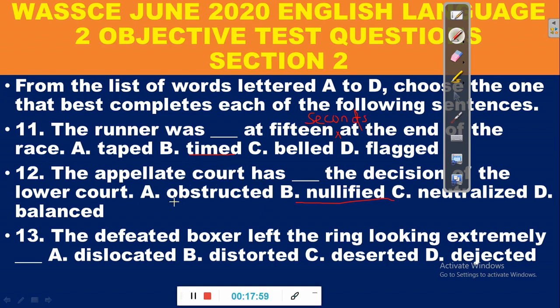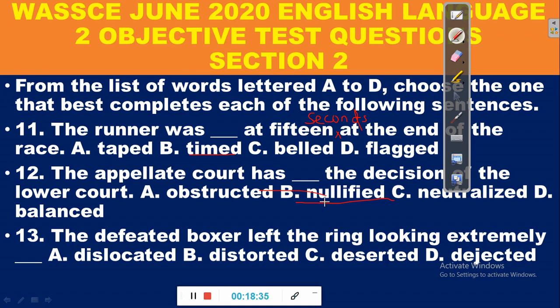Don't forget, this sentence is testing your knowledge of the vocabulary of law. The vocabulary of law, or if you like, the register of lawyers, because when lawyers and judges communicate, when they use language, they use it according to the terminologies that are unique to the legal profession. And so the word nullify is truly a legal terminology.